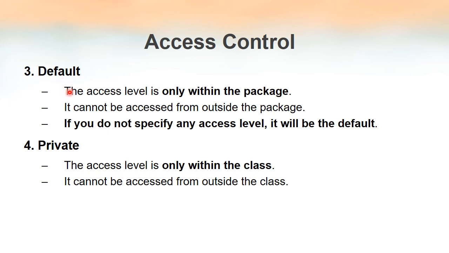That means those methods or variables can be accessed only from within the package to which that class belongs. This last point is very important: if you do not specify any access level, without a word like public, private, or protected, it is considered default.